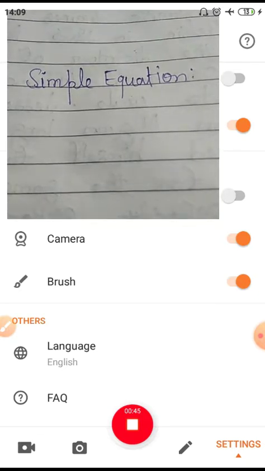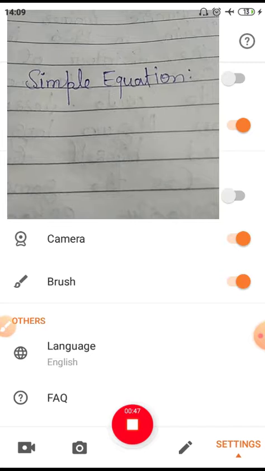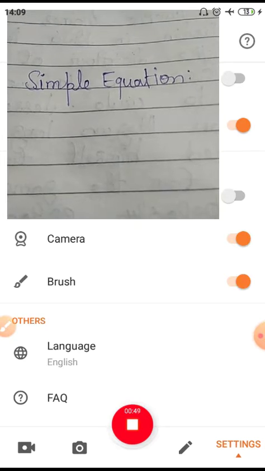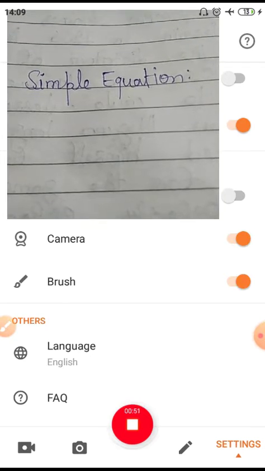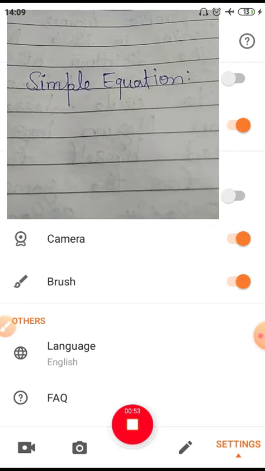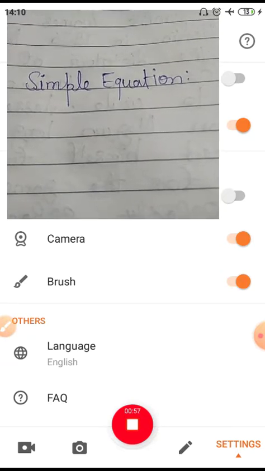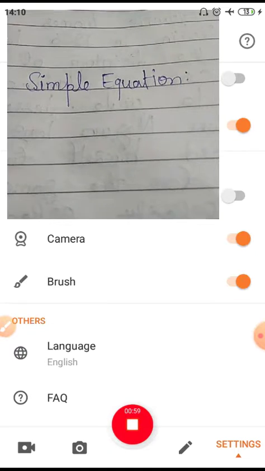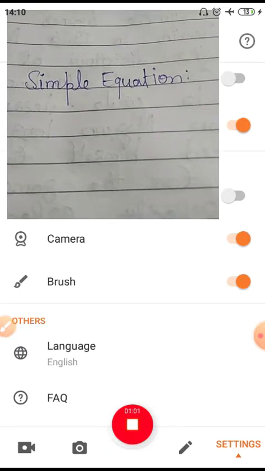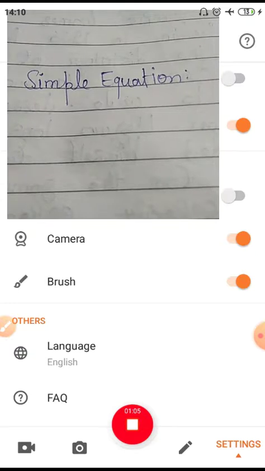You are aware of the word variable. The word variable means something that can vary, that can change. A variable takes on different numerical values.